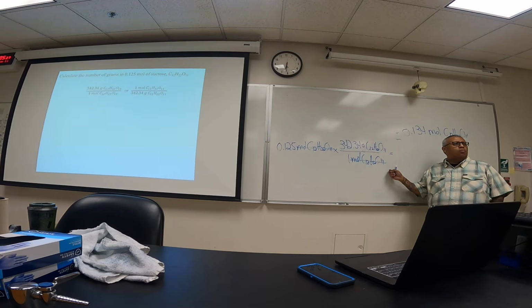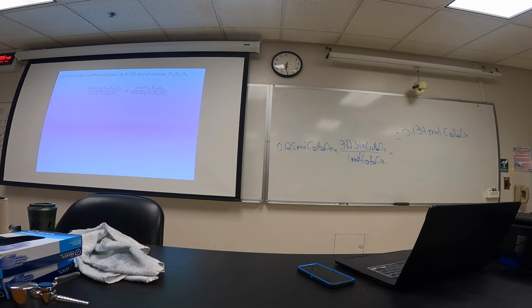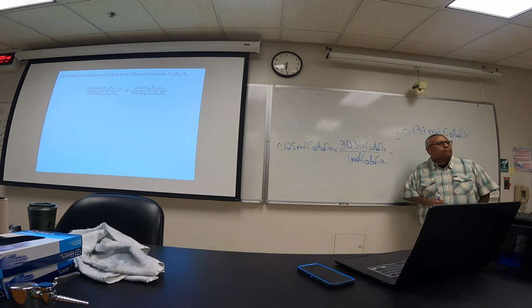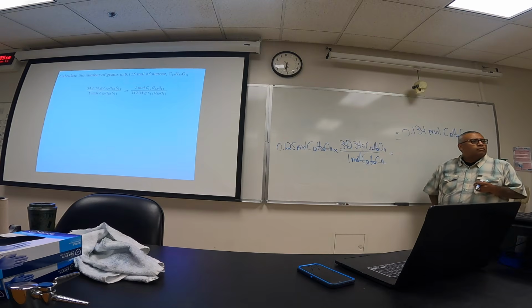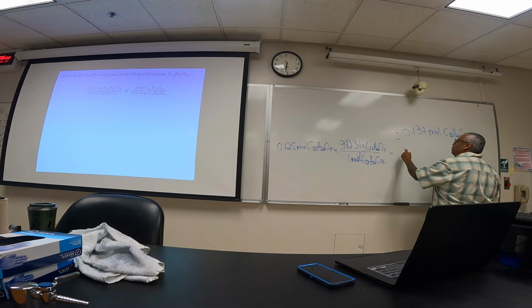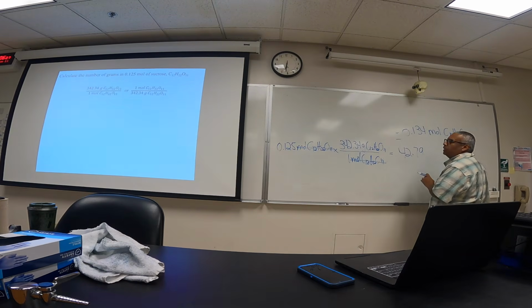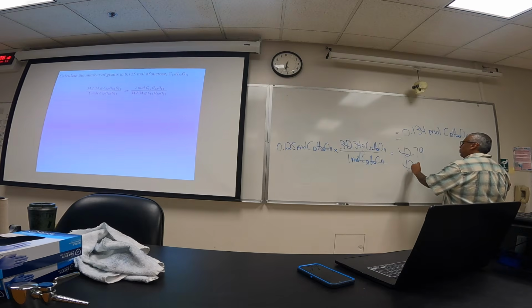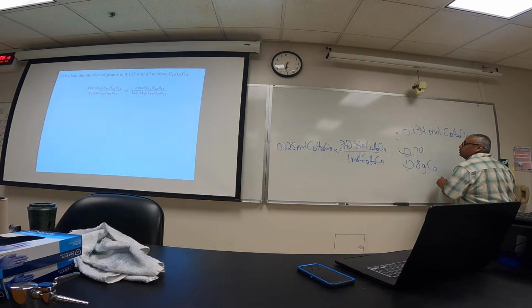Hannah, what's our answer? Believe in you, you got this. You said 7.9, and let's round it to 3 significant figures, so we're going to say 42.8 grams of sucrose.